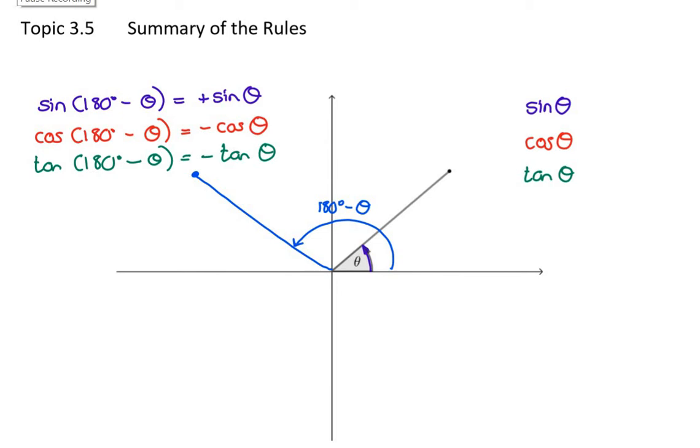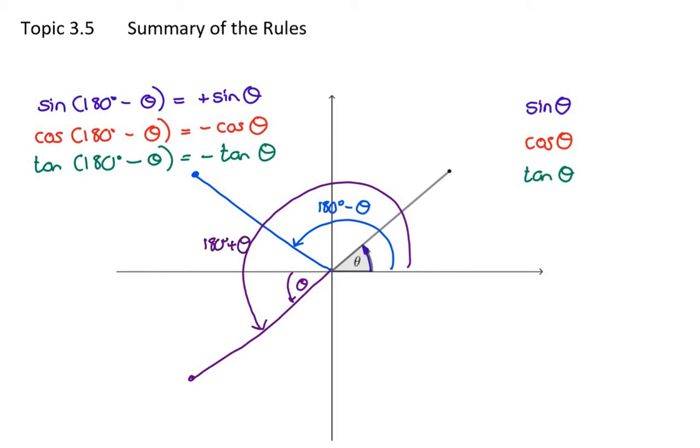So what is the next cousin that can be made? Well, if you reflect this now over the x-axis, that angle there will be theta, and so the angle that you formed in the Cartesian plane is counterclockwise all the way from the x-axis, and this will be 180 degrees plus theta. So now we can work out what sine and cos and tan are and how they relate to the originals. So if we look at sine of this angle, now we're working in quadrant 3.